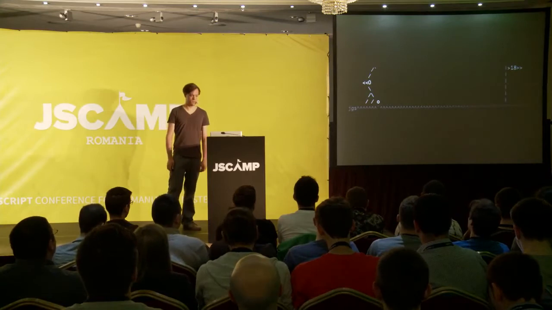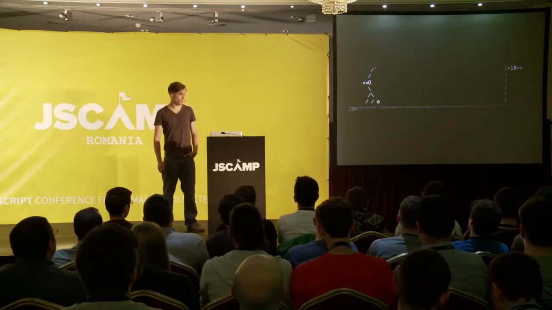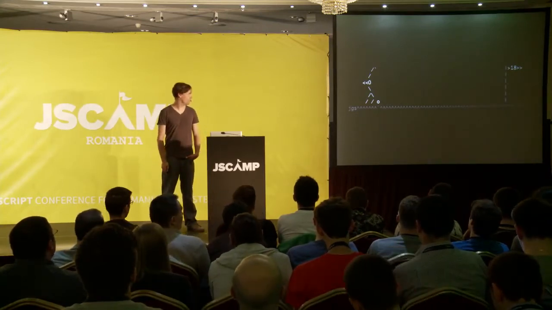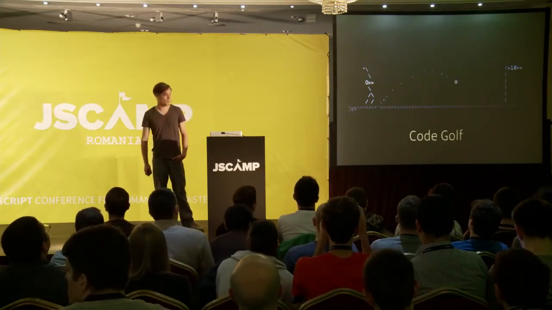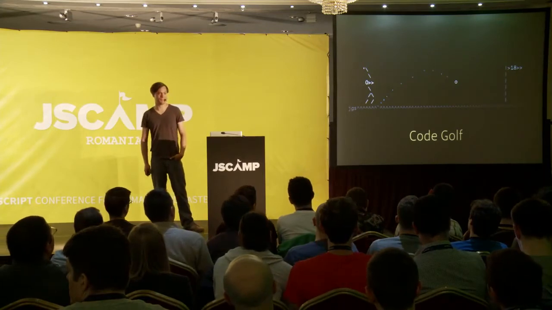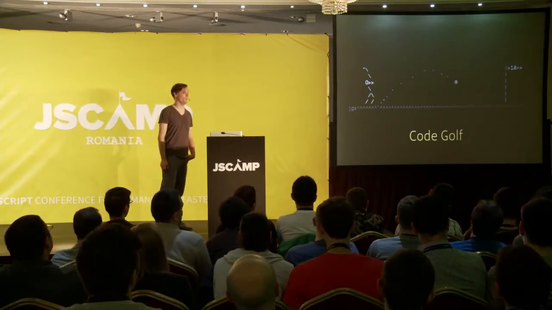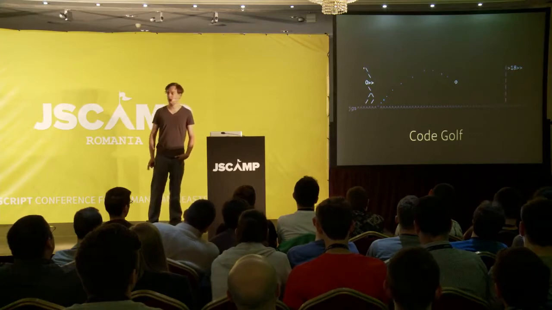So I will try to introduce you to this. It might be hard to recognize what it is, but if you see it in an animation, it's like an ASCII character that's trying to go off. And I'm going to speak about code dwarfing.